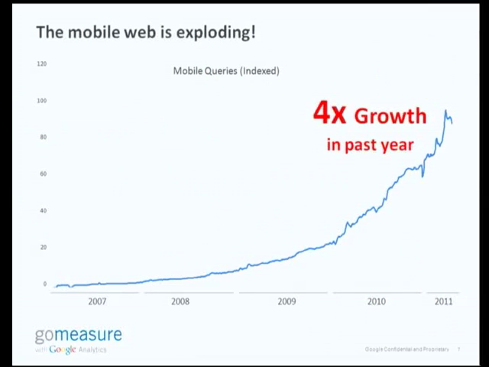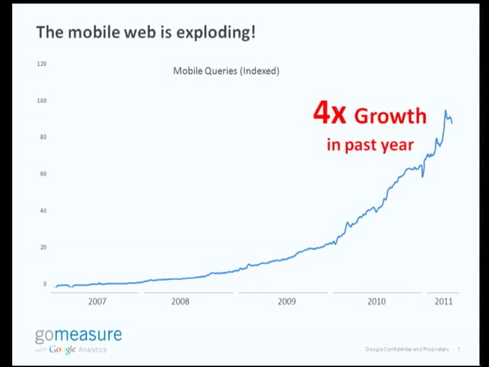So why is all this very important? It's because when we spoke at the Think Mobile event before, we were talking about the growth of mobile web. This is just a snapshot of the event that was done before. For Malaysia, over the past year, we have experienced 4 times the amount of growth for mobile queries.